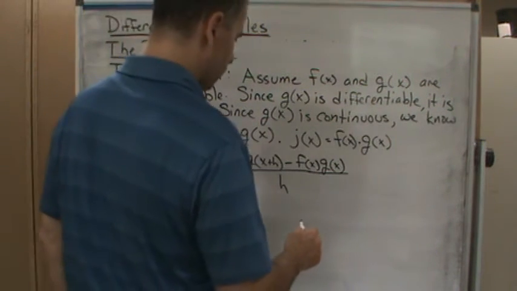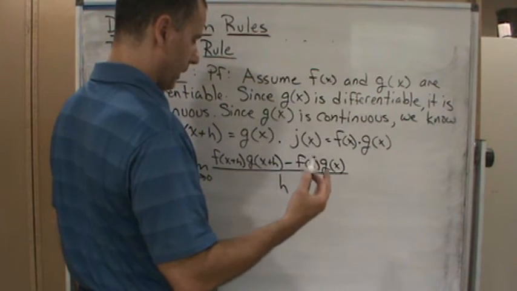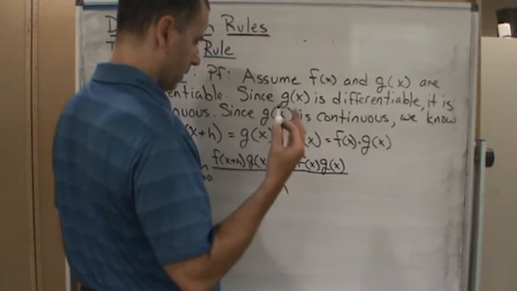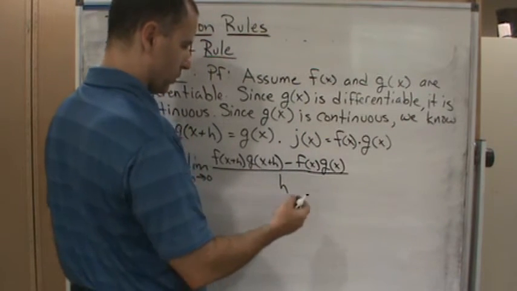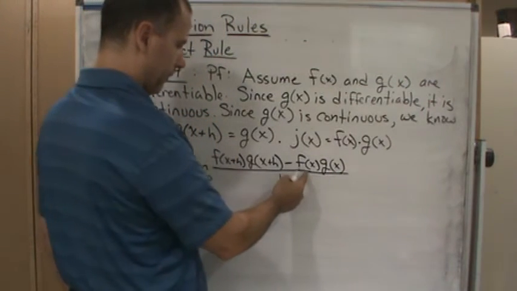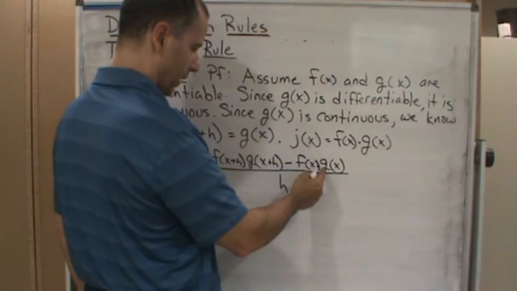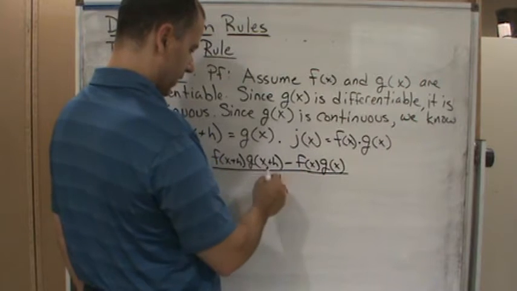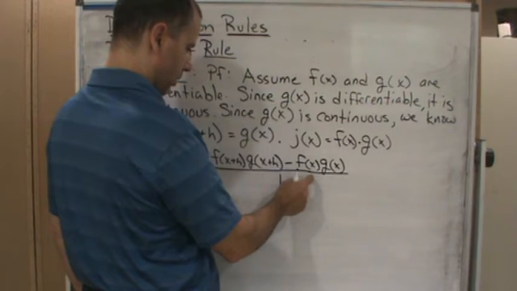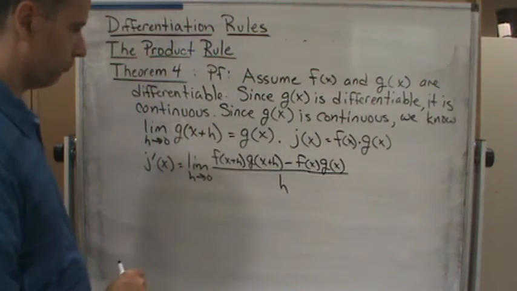So what we're going to do is we're going to add the product f of x times g of x plus h, because we have an f of x, but not a g of x plus h, right? We want a g of x plus h here.